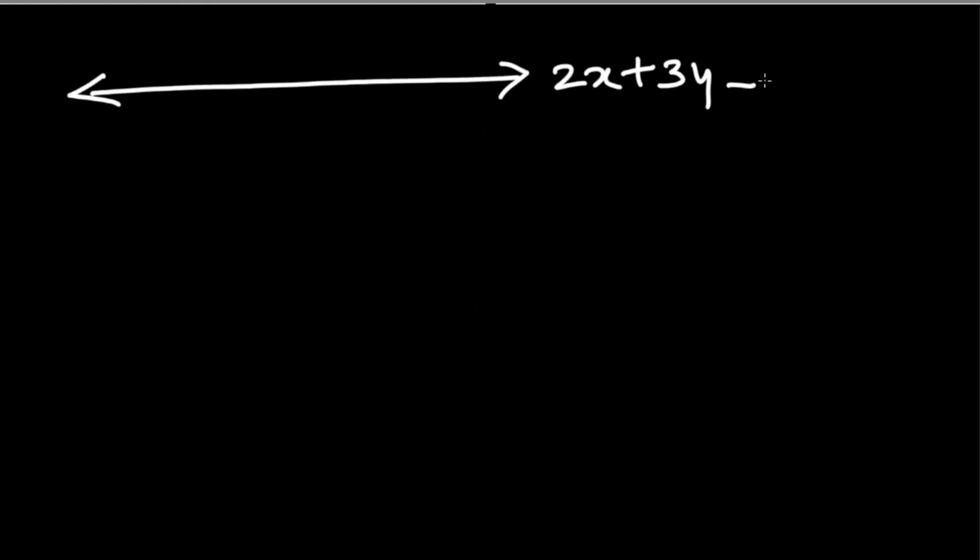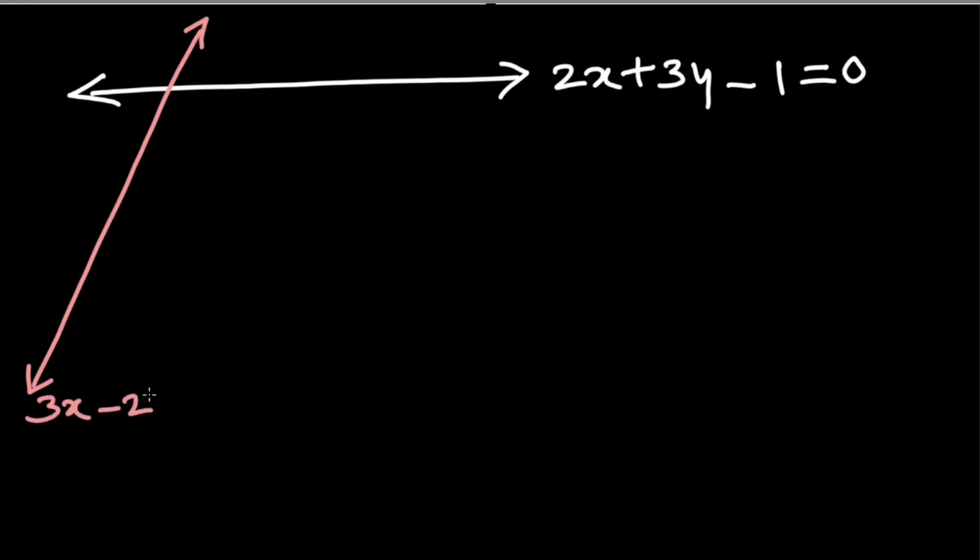We have to show that line 2x plus 3y minus 1 equals 0 is perpendicular to line 3x minus 2y plus 6 equals 0. We know that when the product of the slopes of the two lines is minus 1, then they are perpendicular to each other.